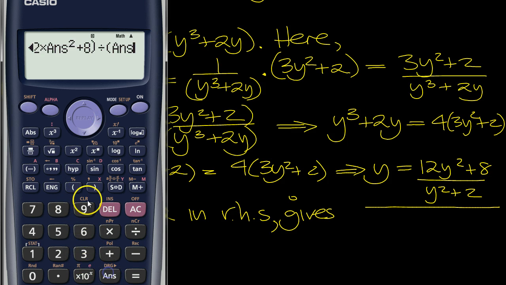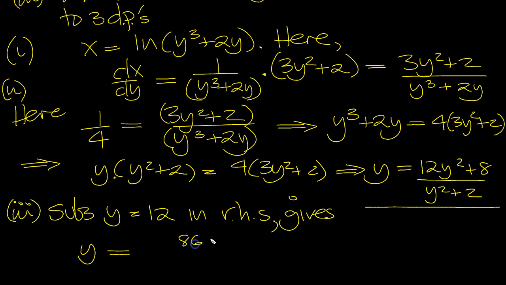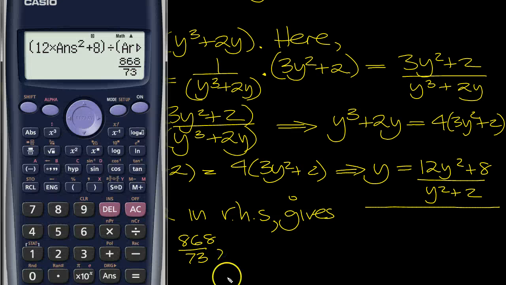Put a bracket, so it's answer squared plus 2, close bracket. And all we need to do is do equals. So we get 868 over 73. The next one now, so equals again. 11.8884.